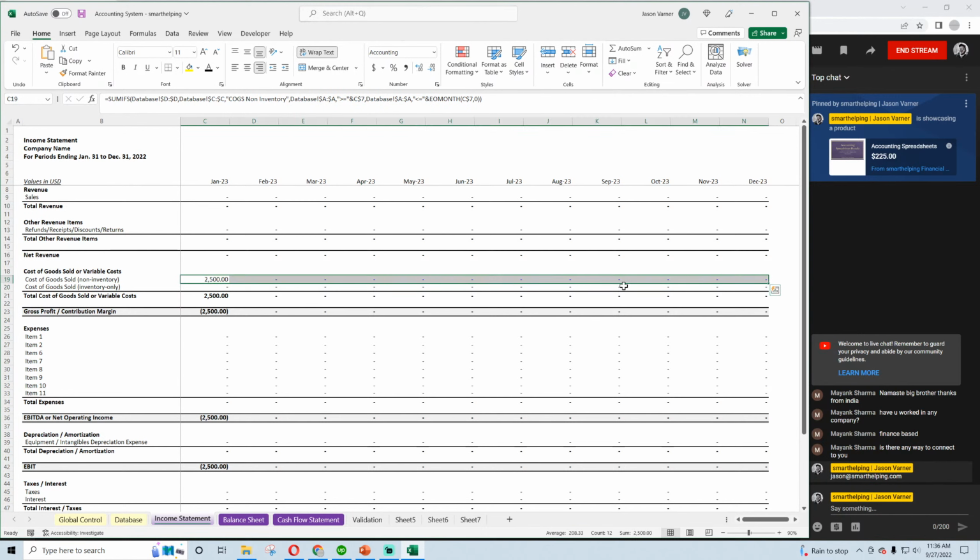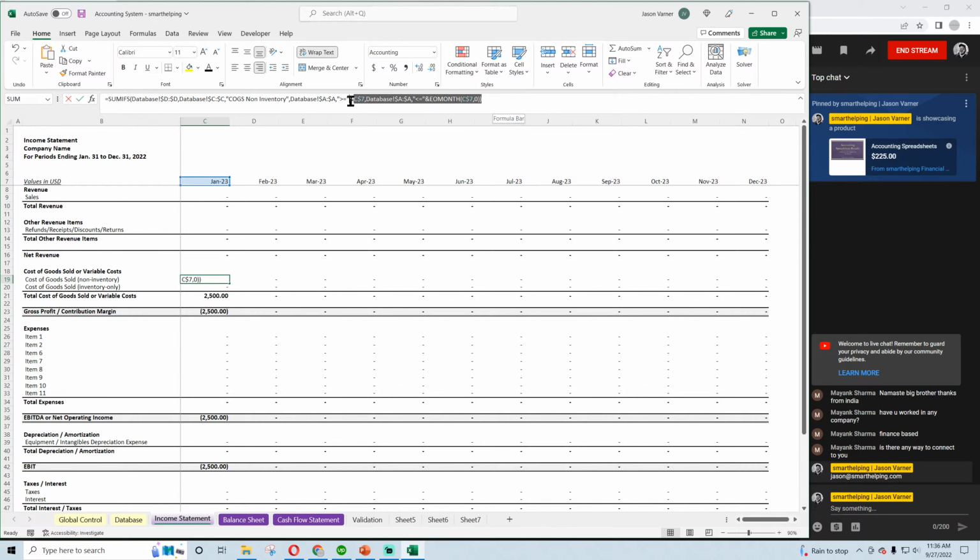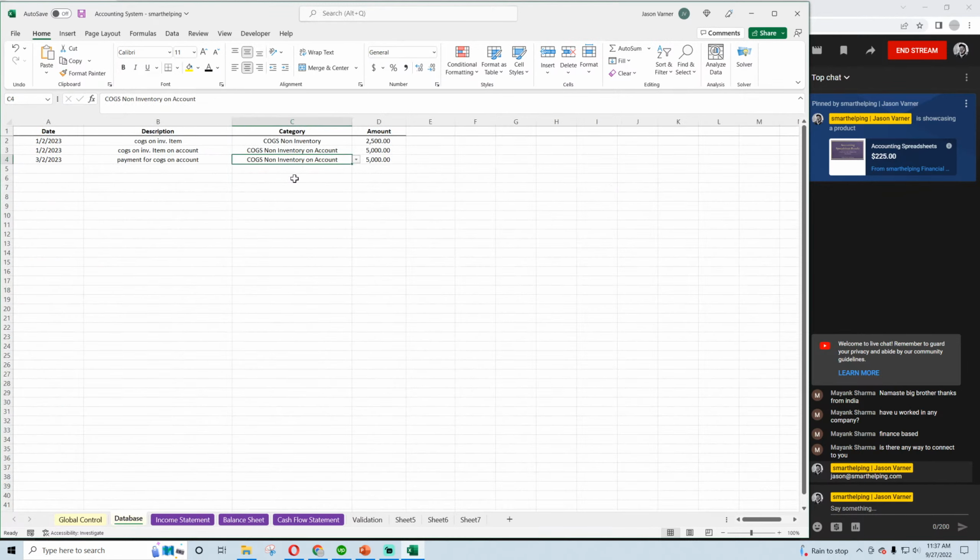Okay. And then we also want to sum up. Now if the expense is accrued, it does need to hit the income statement on this date, so we have to also add cost of goods sold non-inventory on account.